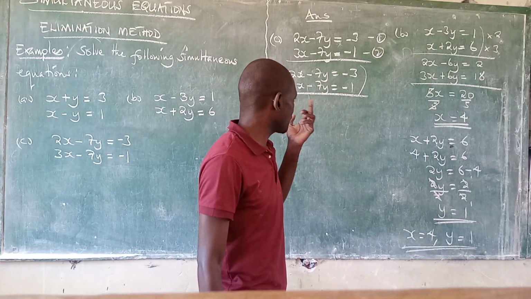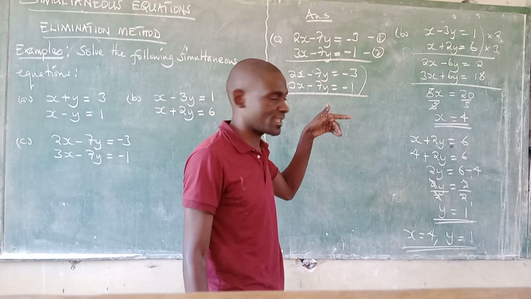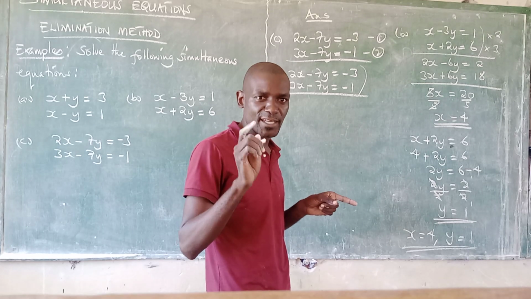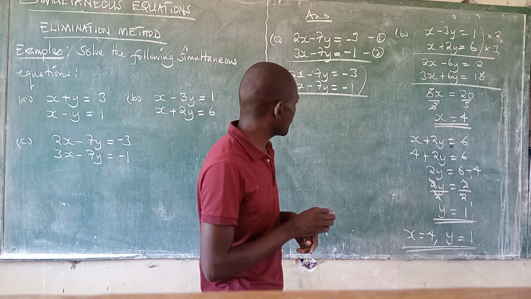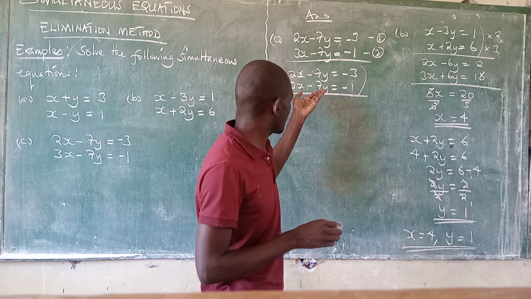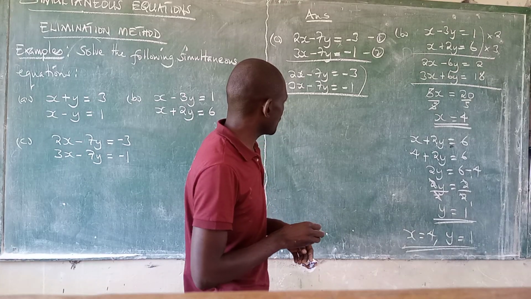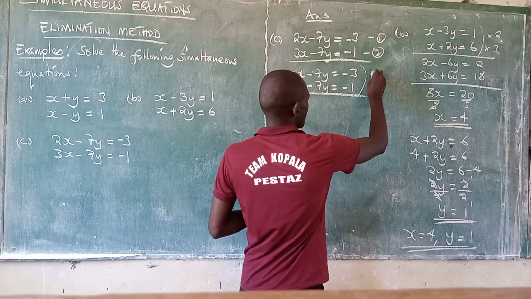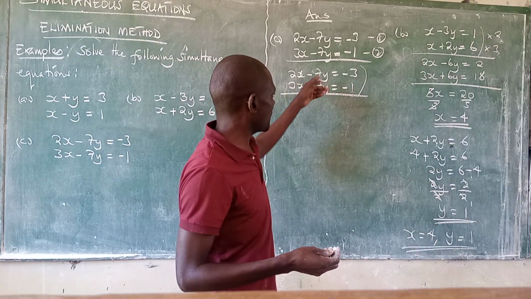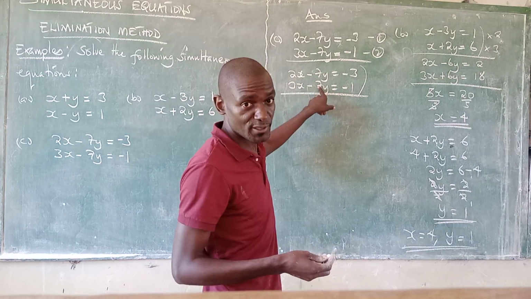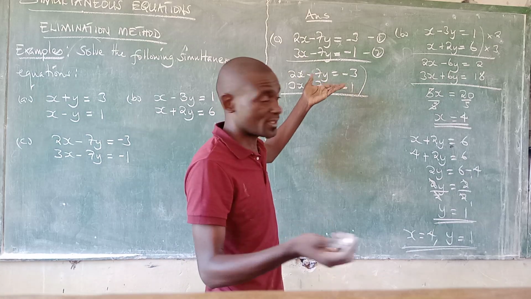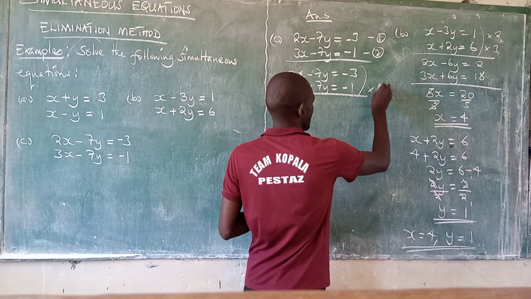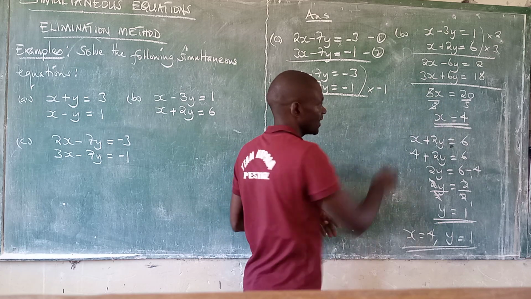For us to have same coefficients, different sign, I'll introduce a negative to one of the equations. Let me introduce it to the one that is below. That is equation 2. In fact, here the coefficients are the same on the 7y. So it's okay, we can just deal with the negative. Let me just say times negative 1.